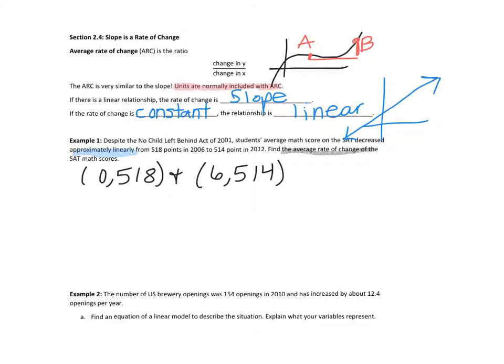And so if we're going to find the average rate of change, that's the slope. So again, we can look at the difference of our y values. I'll start with that point because again, it doesn't matter. Over the difference of our x values.